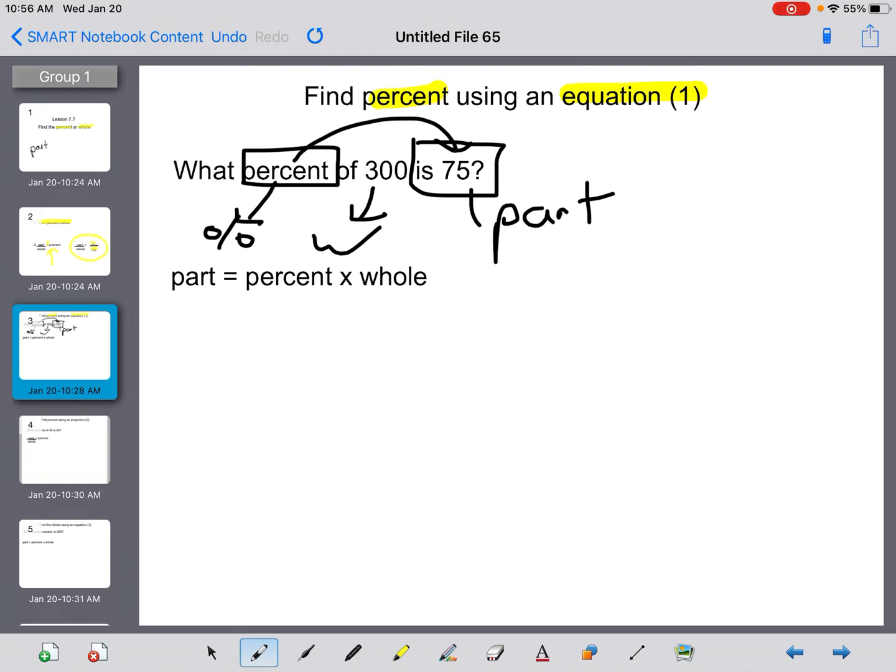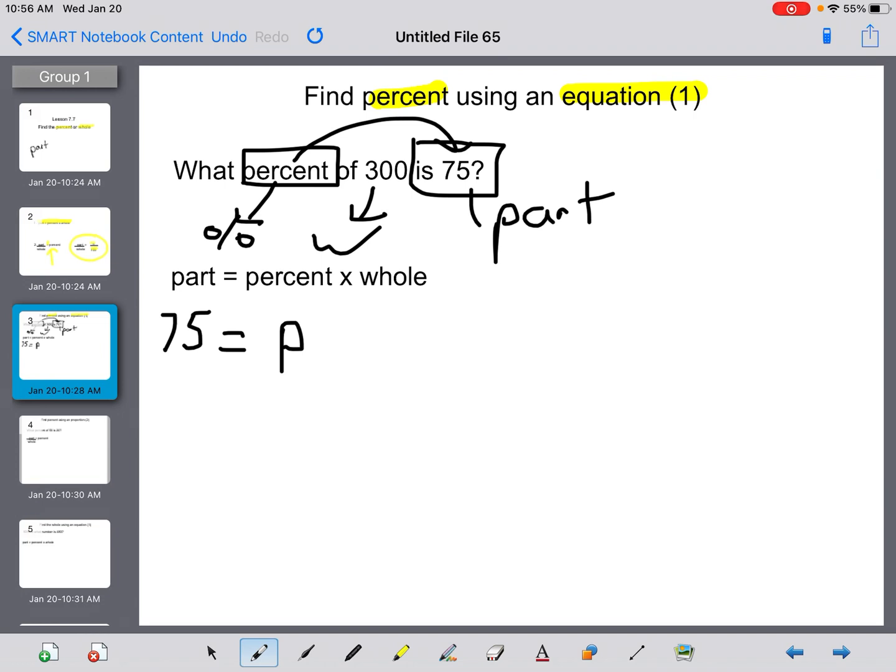So because we've figured out what each of those numbers stand for, we can now fill in our equation. I know that the 75 is the part, so I'm just going to plug in what I know. 75 is the part, so I'm going to put it underneath the word part, equals the percent. I don't know what percent is. So remember, we're doing algebra, so whenever we don't know what a number is, we put in a letter.